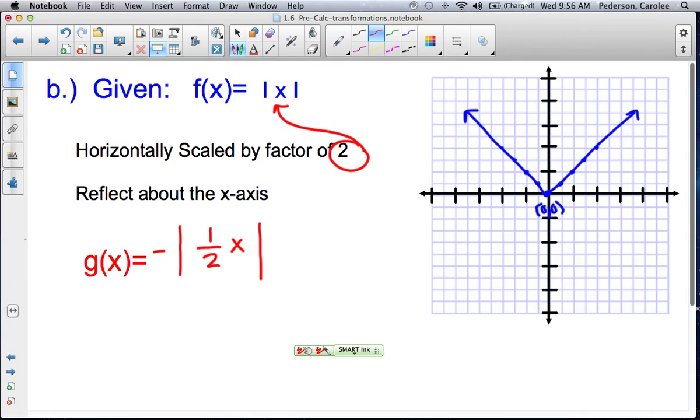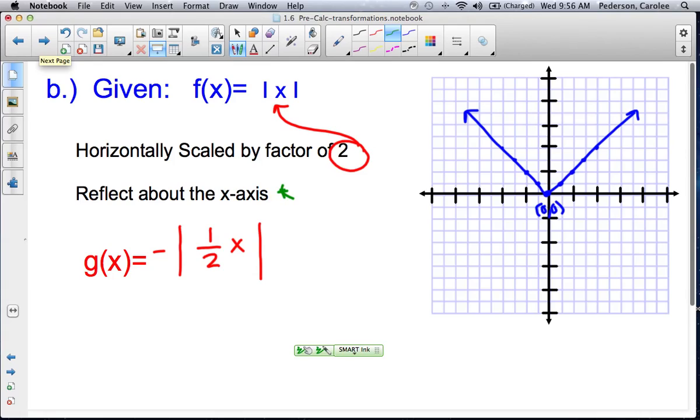So one of the things is we have to transform it by reflecting about the x-axis. So let's do that first. I'll just go to green and take care of this first.